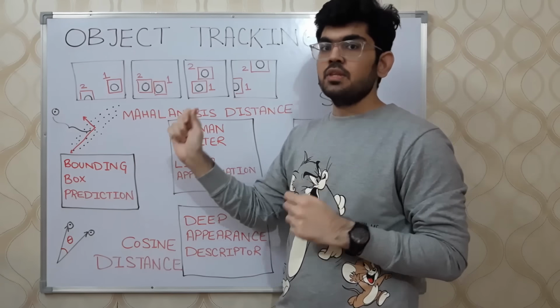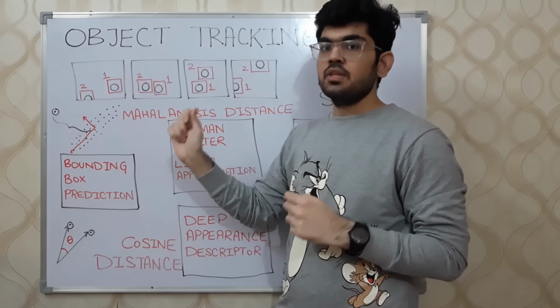After we have generated the bounding box predictions, we get to the next step, which is the Kalman filter. Now, Kalman filter is a very broad topic which would take an entire video to explain, but to briefly discuss it, we can say in very simple terms that Kalman filter is a linear approximation.